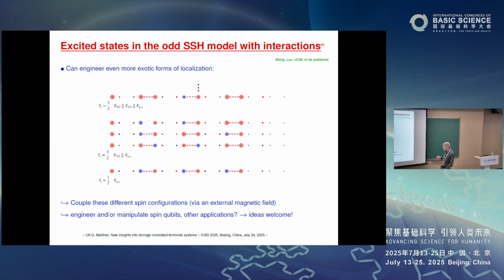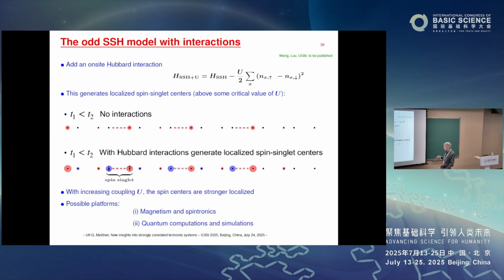Yes, the Hamiltonian, let me show you again. So there's this usual SSH Hamiltonian plus the Hubbard on-site interaction, which you need for that. Otherwise, you cannot control what's going on with the centers. And of course, you can control by the type of ions.